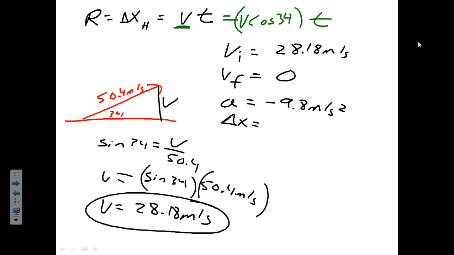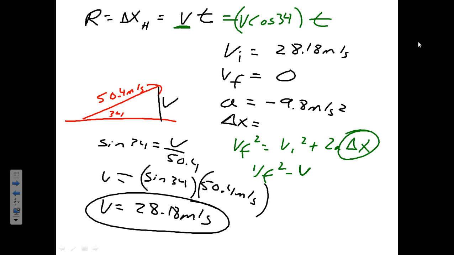All right, so I think the easiest equation to use here, unless we wanted to do 2 steps, is VF squared equals VI squared plus 2A delta x. We're trying to find the vertical displacement. So we're trying to solve for delta x. So just subtract that out. VF squared minus VI squared all over 2A equals delta x.